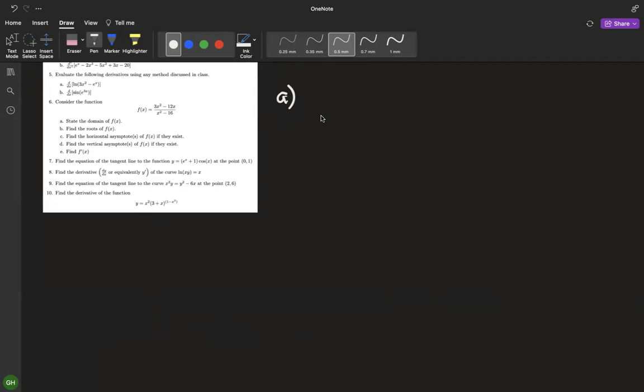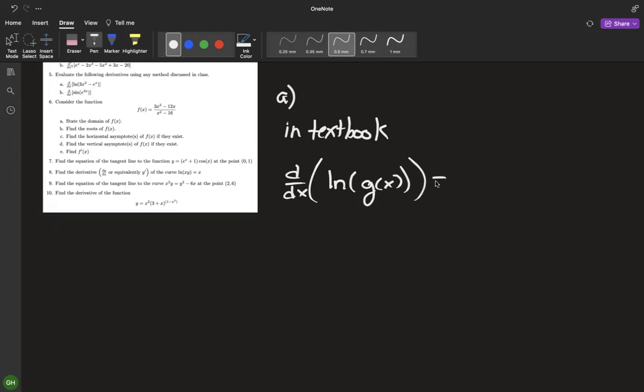So in the textbook, as I said in class, they give the definition of the derivative of natural log. They write that the derivative of ln of g of x is equal to g prime of x divided by g of x.